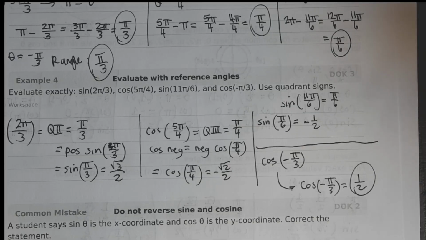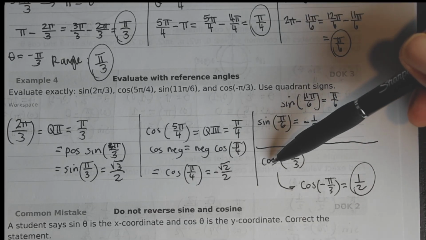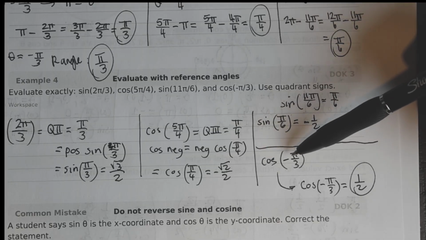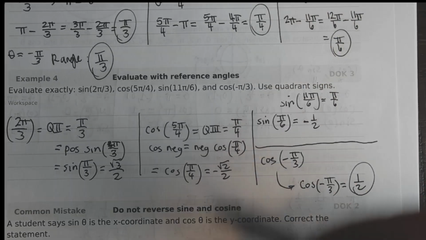Remember, quadrant 4 has x positive and y negative. In this case, we're looking at a negative times a negative, which is why we have a positive here.